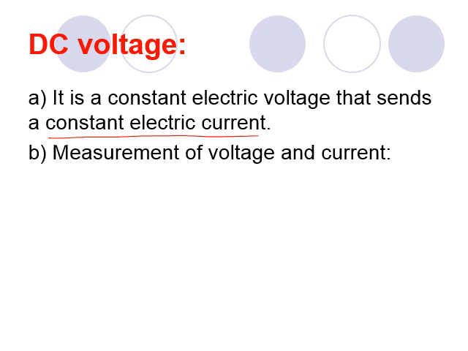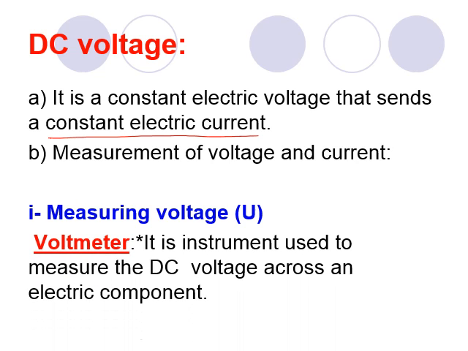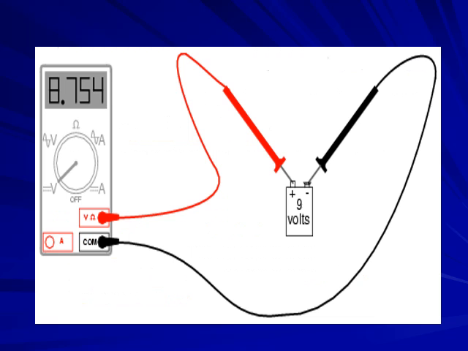Measurement of voltage and current. How to measure the voltage? To measure the voltage, we use a multimeter as a voltmeter. Voltmeter is an instrument used to measure DC voltage across electric components. How to connect a voltmeter across a dry cell?